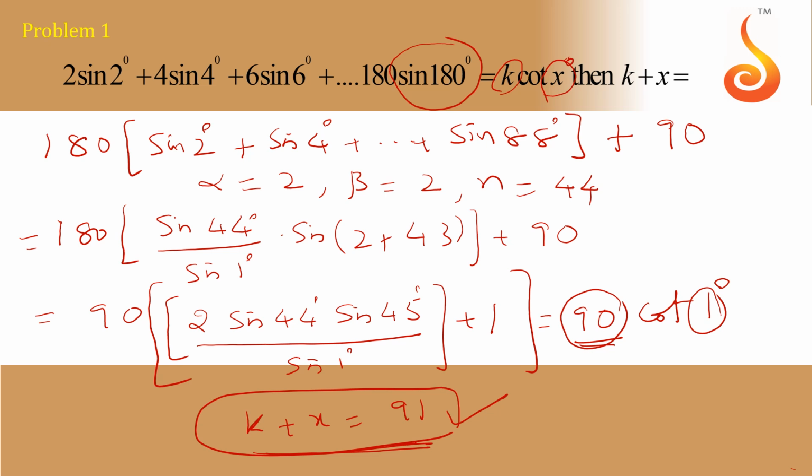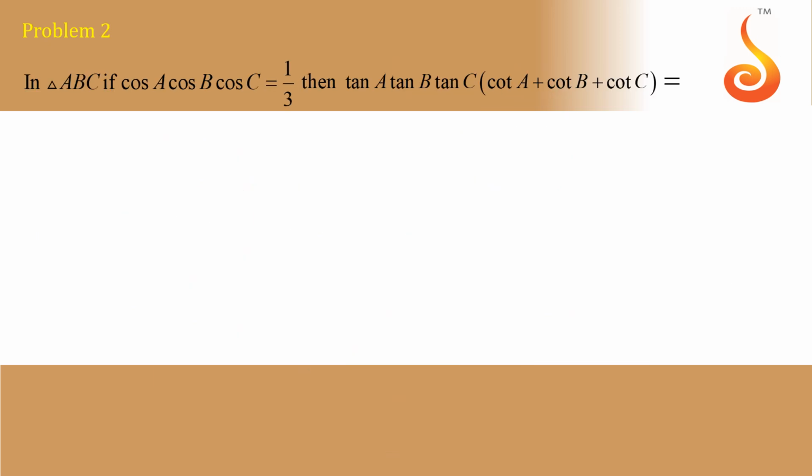Let us go to the second problem. In triangle ABC, if cos A cos B cos C is equal to 1 by 3, then tan A tan B tan C times cot A plus cot B plus cot C is equal to how much? So in a triangle we know that A plus B plus C is equal to 180 degrees.